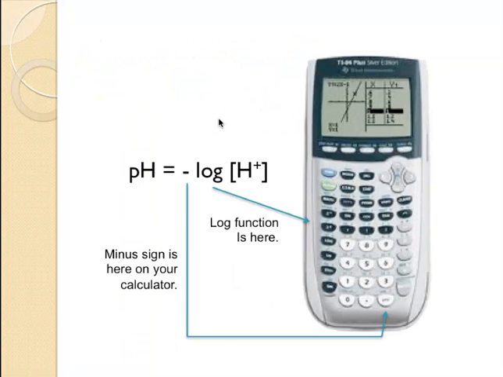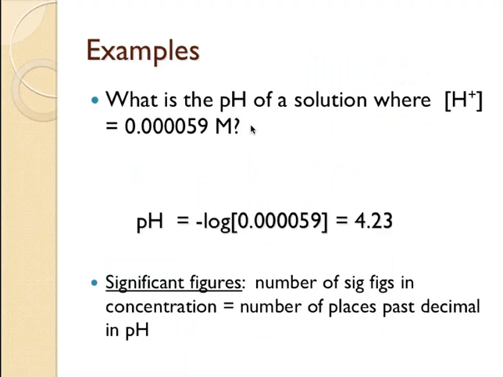In your calculator, if you have the style calculator, if you don't have the style calculator, see if you can find it. If you can't, come in and talk to me. We'll find it together. All right, so on your calculator, you're going to put in the negative, then you're going to do the log function, and then type in the concentration of that hydronium. Significant figures, because I can't leave this alone.